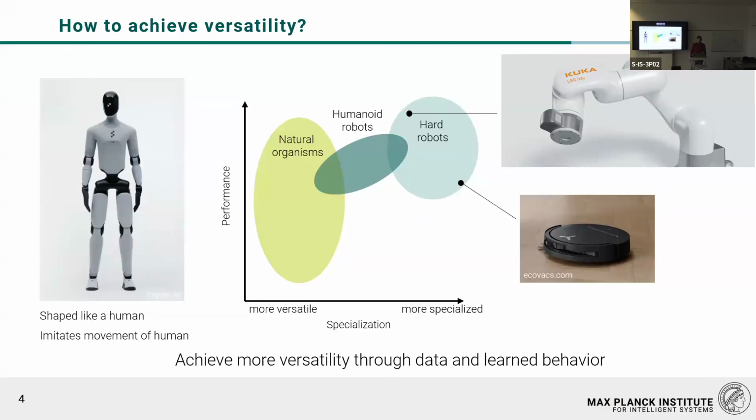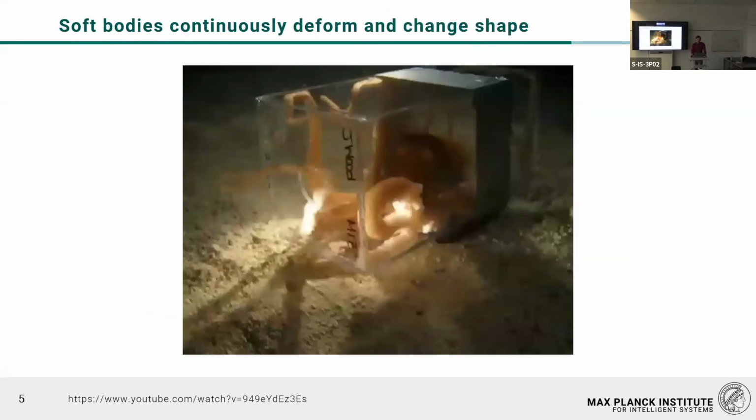But now here, I plotted natural organisms and not just humans. And if we look into nature, there are plenty of more shapes and forms and structures that achieve very versatile behavior, that are not shaped like a human.